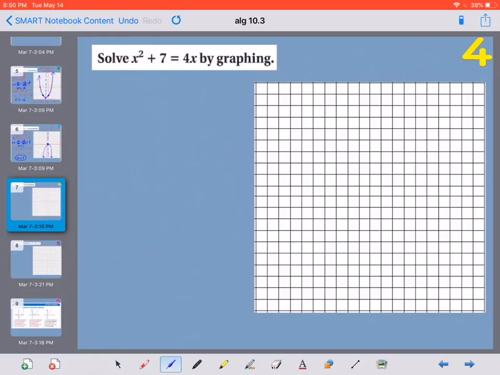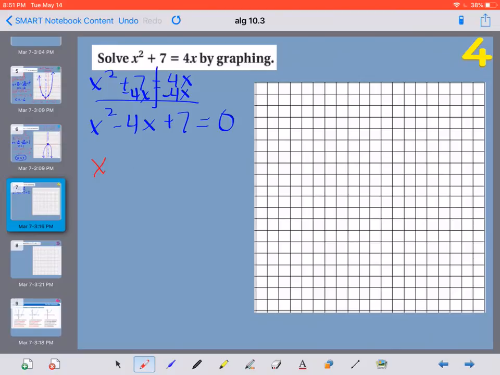Next one, x squared plus 7 equals 4x. What we're going to do is subtract that 4x to the other side. So x squared minus 4x plus 7 equals 0 now.